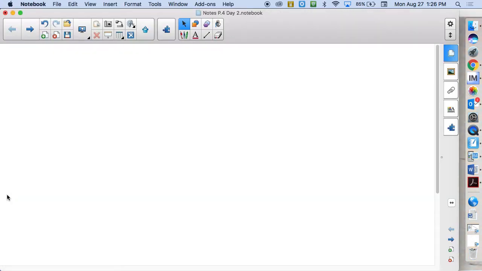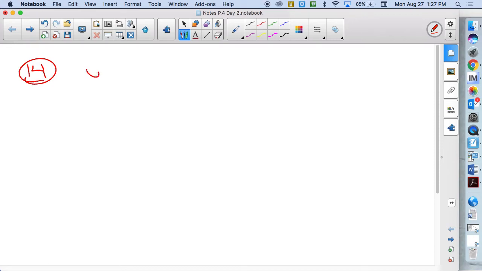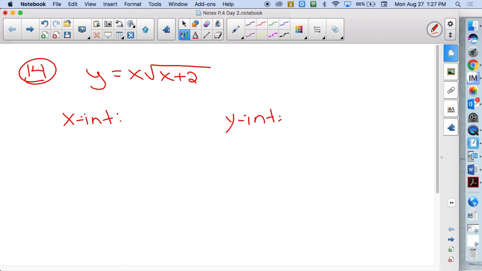So, as I said, I'm going to talk about 14 and 17. 14 was dealing with a radical. It asked you to find x and y intercepts. So it gave you x times the square root of x plus 2. And again, the directions were to find the x-intercepts algebraically and then graphically, and also the y-intercepts algebraically and graphically.